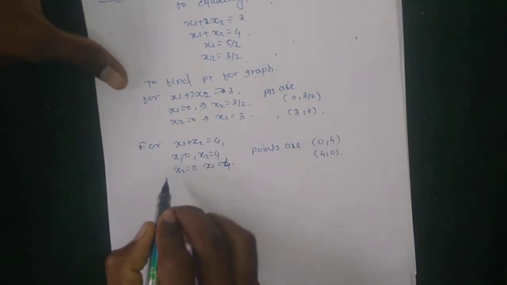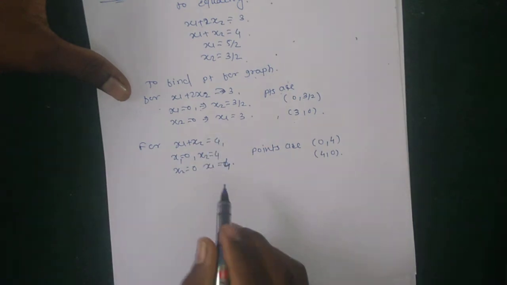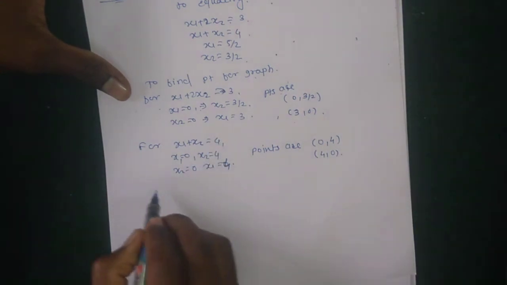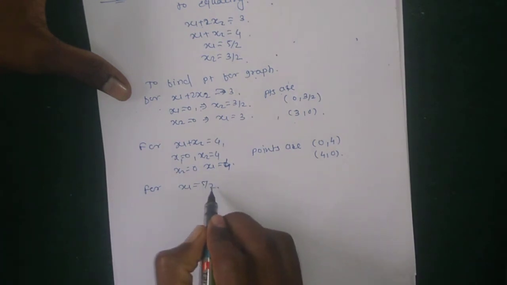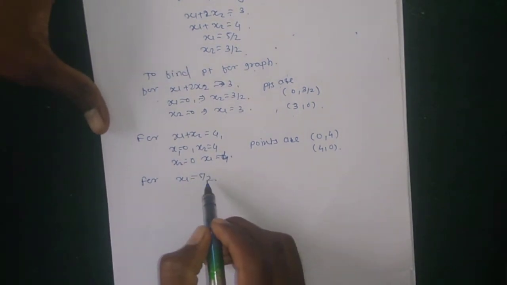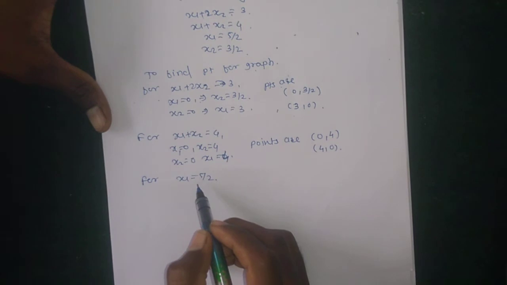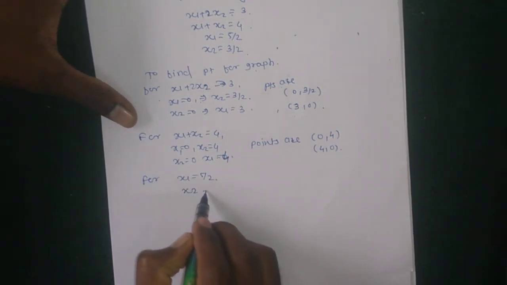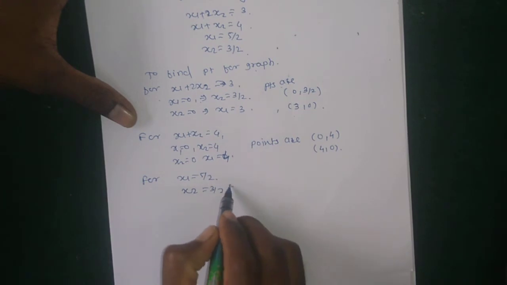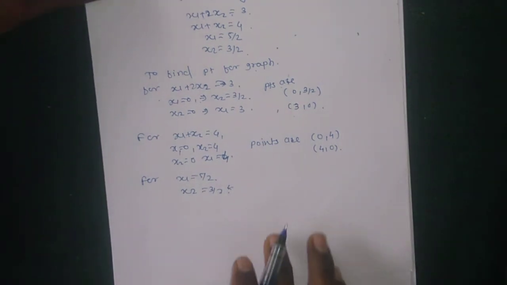Then next, x1 is equal to 5/2; this equation is parallel to the x2 axis, and similarly x2 is equal to 3/2 is parallel to the x1 axis.